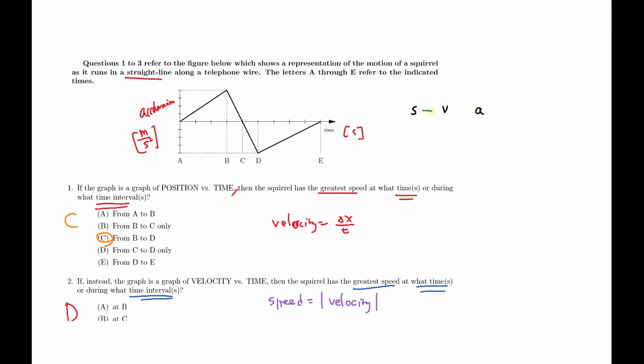To go from position to velocity and velocity to acceleration, you have to take the derivative. When you want to go backward, you have to take the integral. But then they also have to give you the initial velocity or initial position, otherwise it's not a complete question.